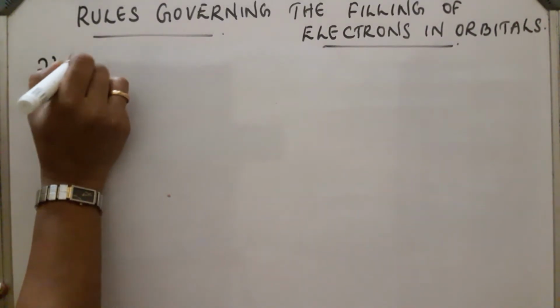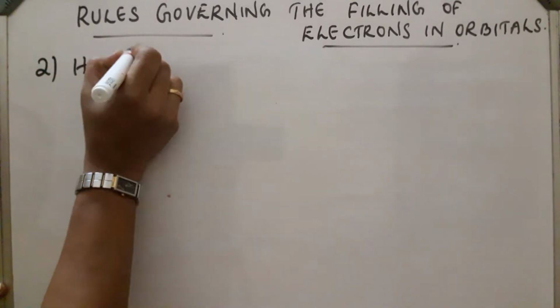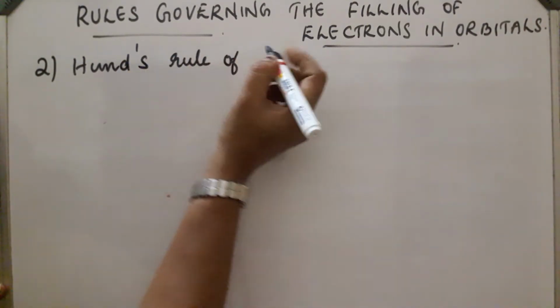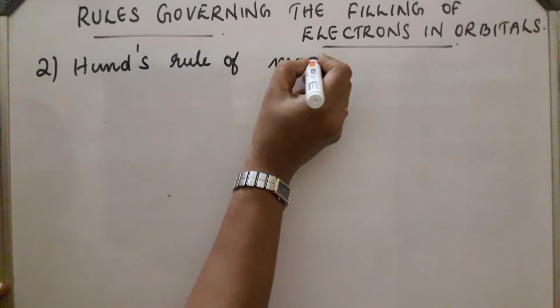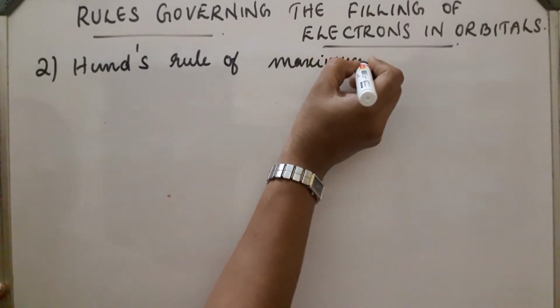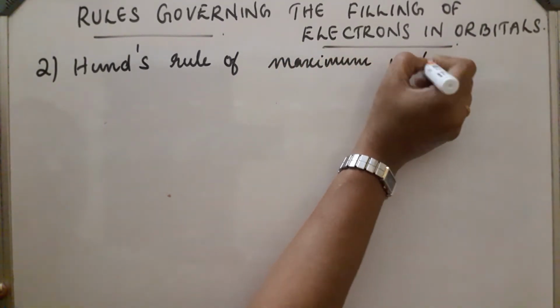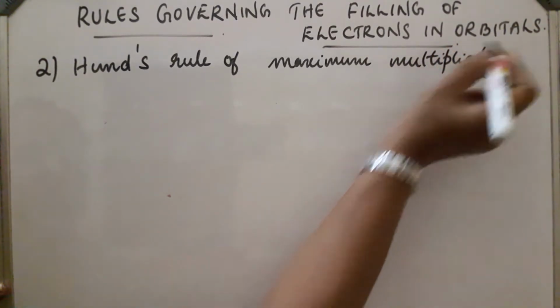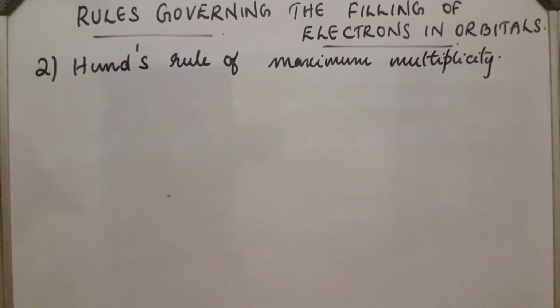Second rule is Hund's rule of maximum multiplicity. This rule states that electron pairing in orbitals of same energy will take place until the available orbitals of a given subshell are singly occupied.